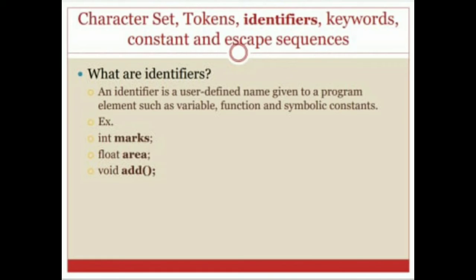Now, as it happens in the real world, there are some things which have a fixed meaning, like sun, moon, mountain in a particular language. Otherwise, the same thing could be known by different names in different languages, as we have come to know from our childhood.